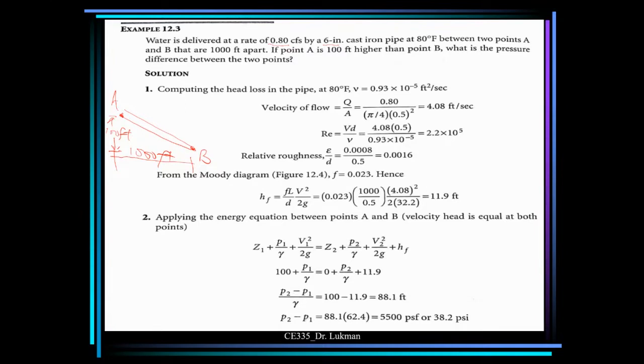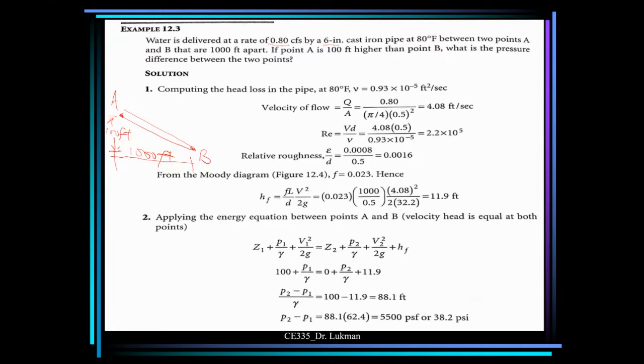Okay, so here I'm putting the head loss in the pipe to find the head, because as water is flowing, there will be head loss in the pipe, isn't it? And to know exactly the pressure difference, we need to remove the head loss from the pressure head, or from the total head.